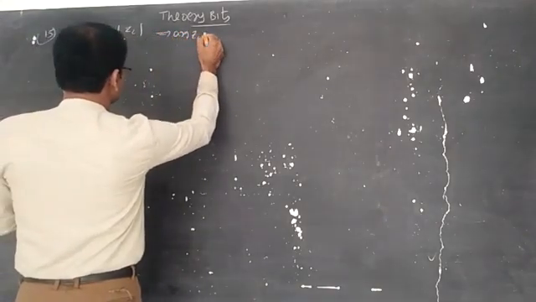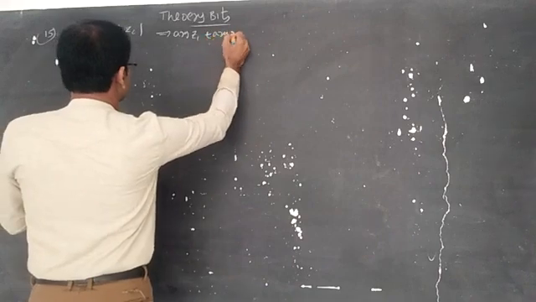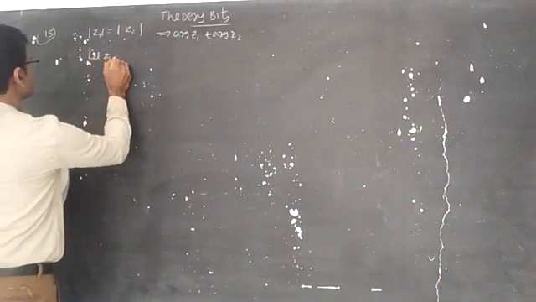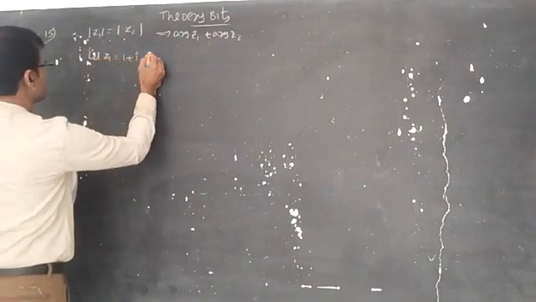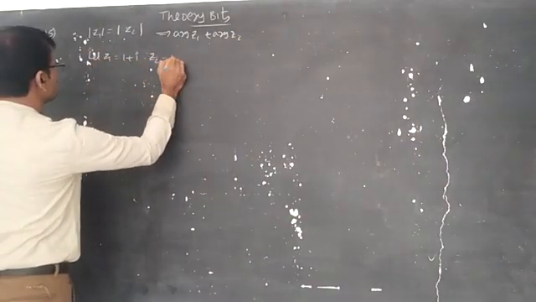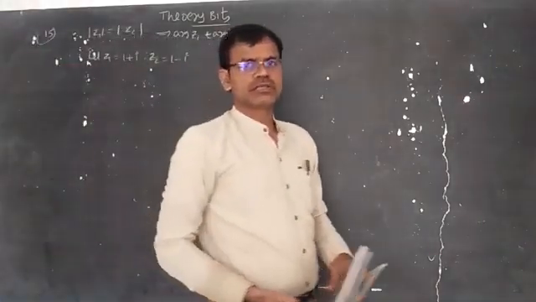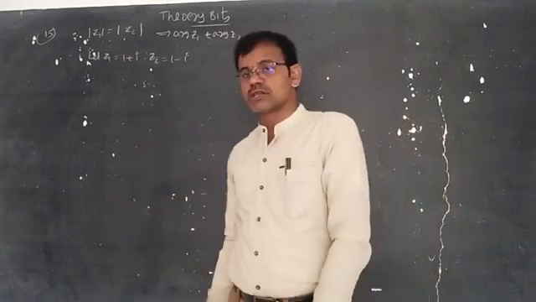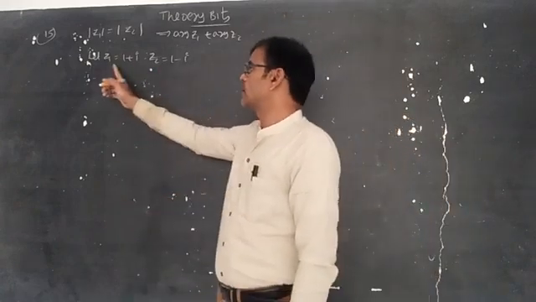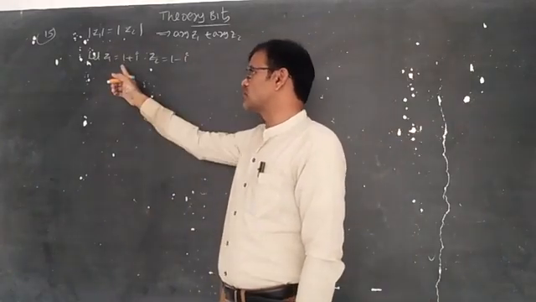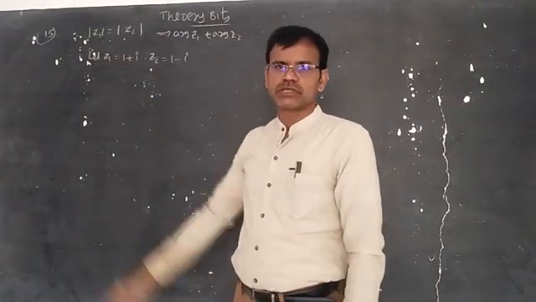So let us discuss. Take an example. Let z1 is equal to 1 plus i and z2 is equal to 1 minus i. 1 plus i modulus is root 2 and 1 minus i modulus is also root 2. If you take out root 2, it becomes root 2 into 1 by root 2 plus i by root 2.